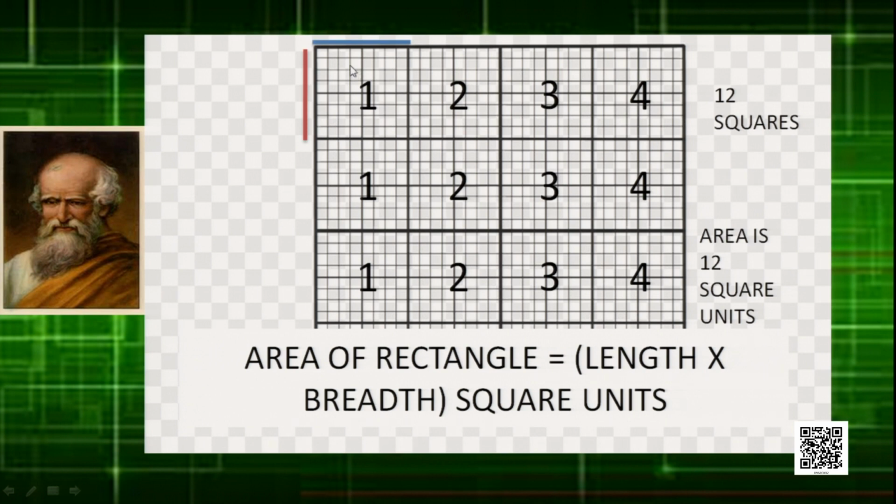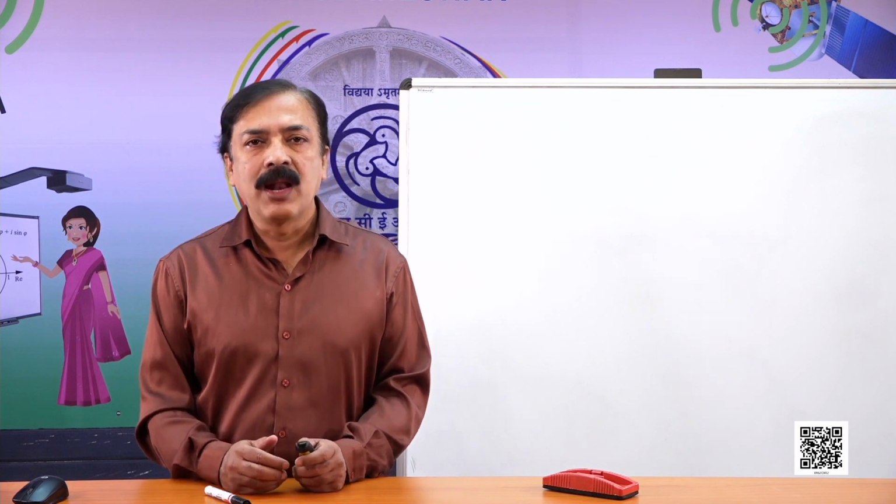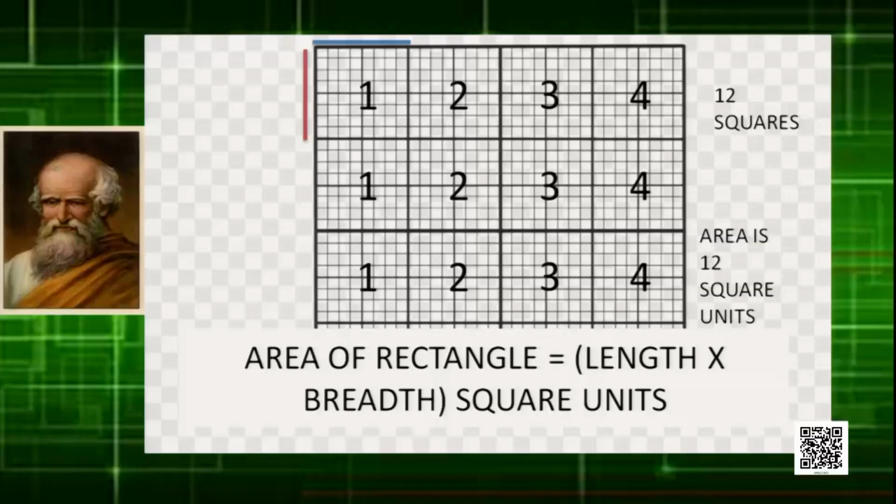Now, you see, in length it is 4 units, and in breadth it is 3 units, and the area is 12 square units. So, we can say that the area of a rectangle is equal to length into breadth, that is 4 into 3 square units. So, in case of a rectangle we have a formula: area of the rectangle is equal to length into breadth.